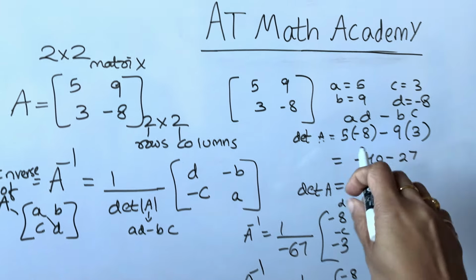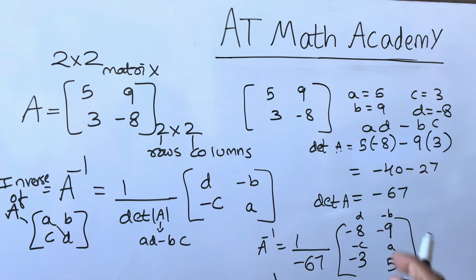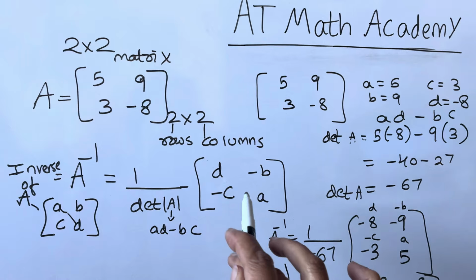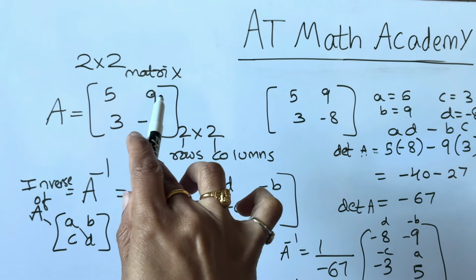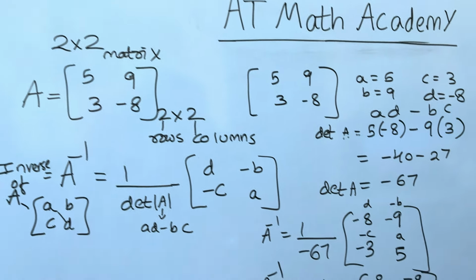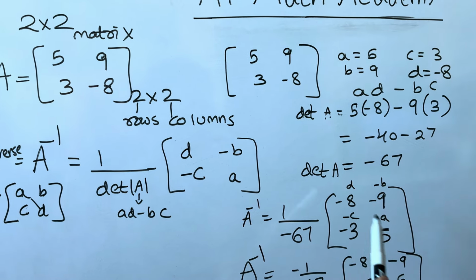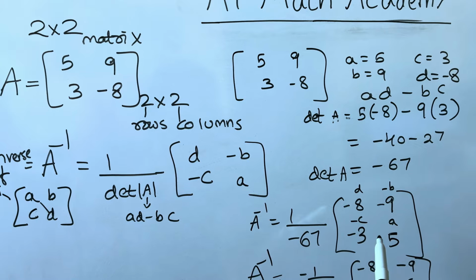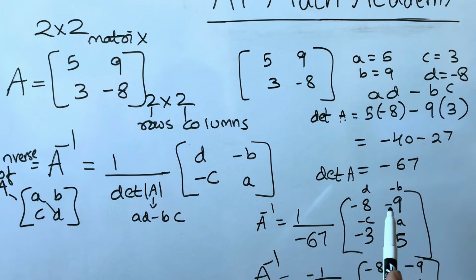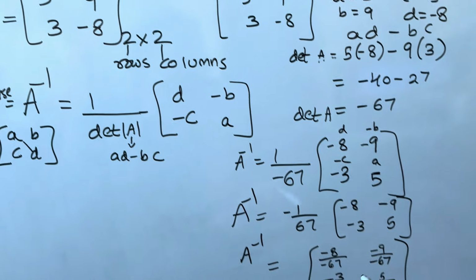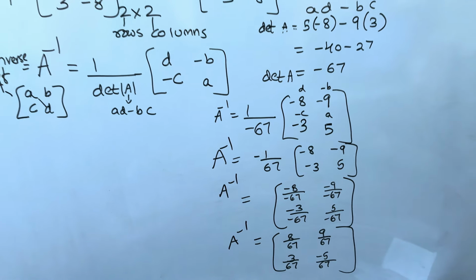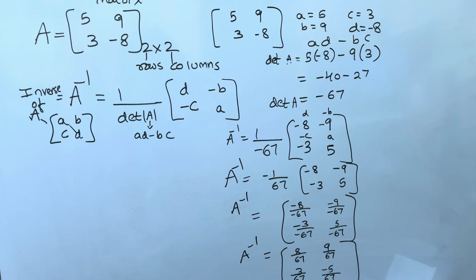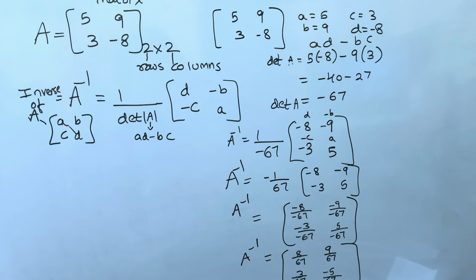So I have multiplied this and got my determinant, and this has to be multiplied with this matrix here, interchanging A and D and applying the negative sign in front of B and C. So I interchanged my A and D, minus 8 and 5, and applied the negative sign for B and C, and I have multiplied it with 1 by determinant of A. And here is the resultant inverse matrix for a given 2 by 2 matrix.